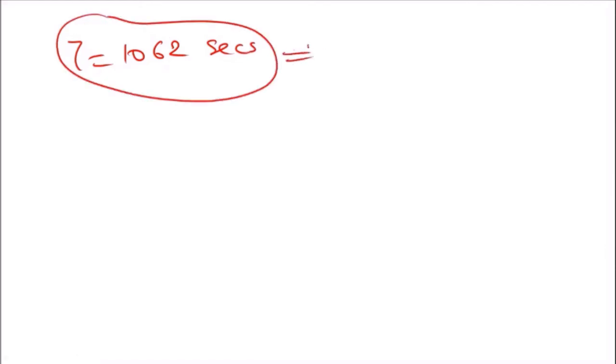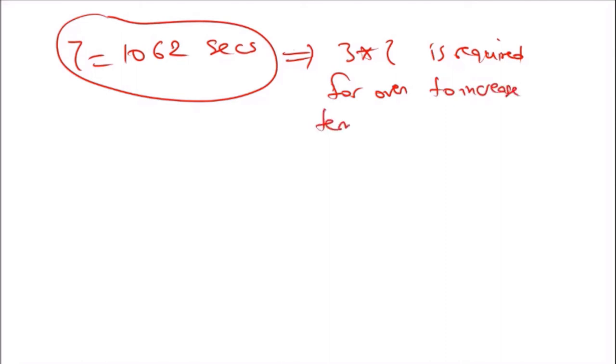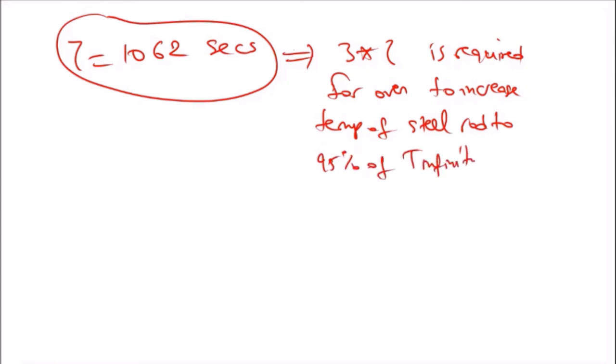It means that 3 times tau is required for the oven to increase the temperature of the steel rod to 95% of T infinity. So if you know the T infinity value, to reach that value, you need 3 tau.